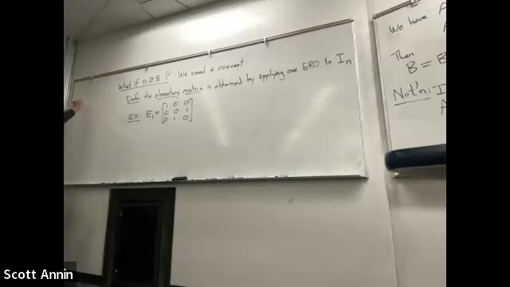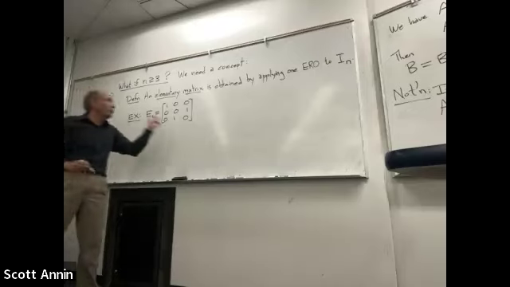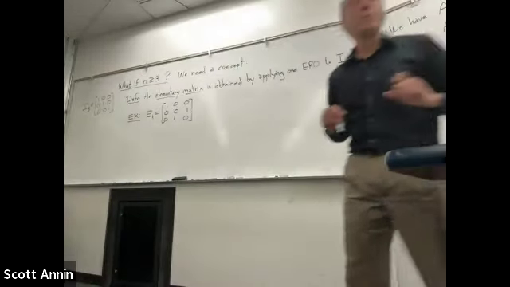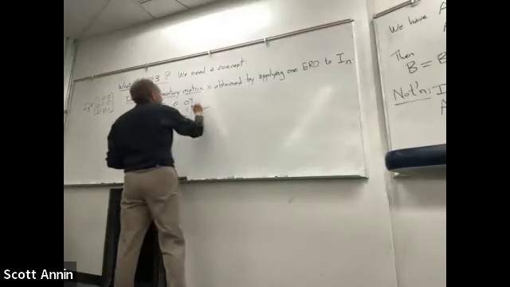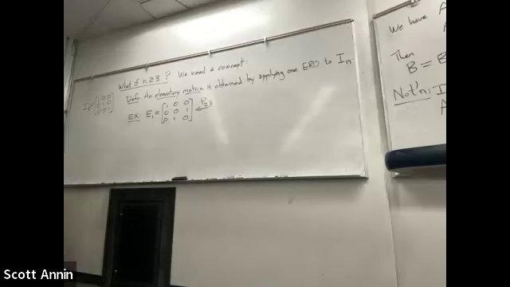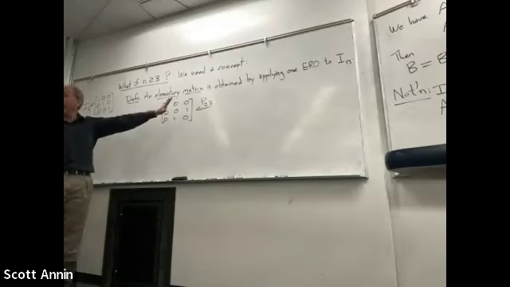Now, keeping in mind that the identity matrix for I3 is 1, 0, 0, 0, 1, 0, 0, 0, 1, can somebody explain to me what ERO you would be doing that would give you this matrix? Brandon? Exactly. So this would come from doing P23. You would be permuting rows 2 and 3 of your identity matrix to get this one.